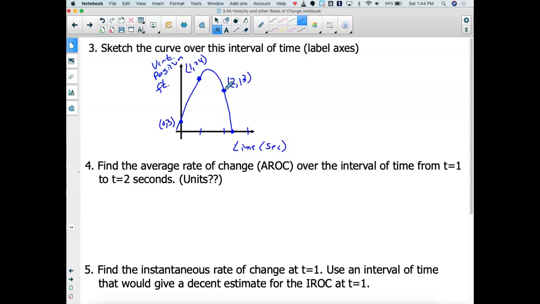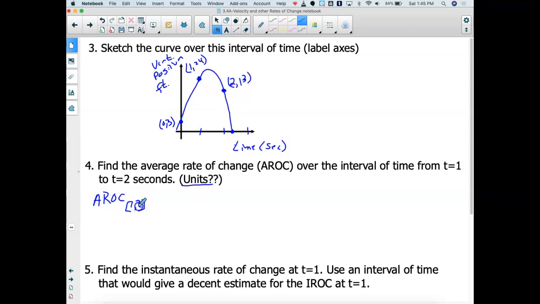Find the average rate of change over the interval of time from t equals 1 to t equals 2 seconds. And in the end, units are huge for us here. Average rate of change, the AROC. So basically, this problem is saying, find the AROC on the interval from 1 to 2.